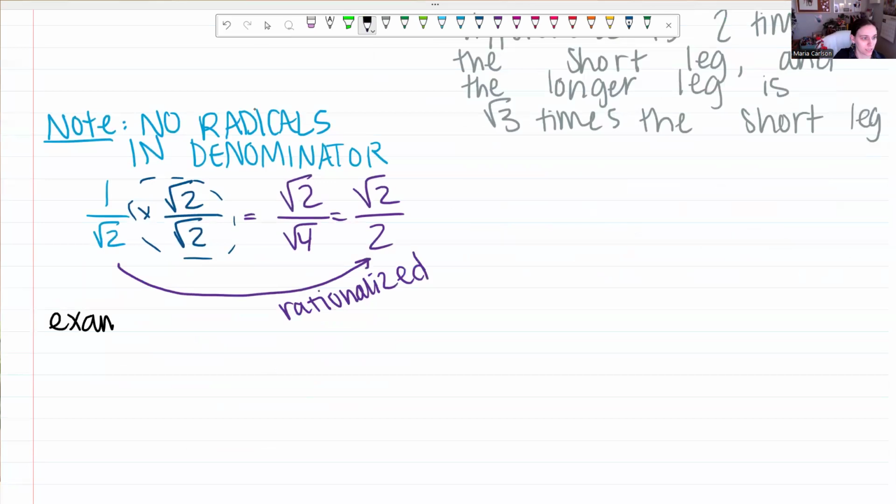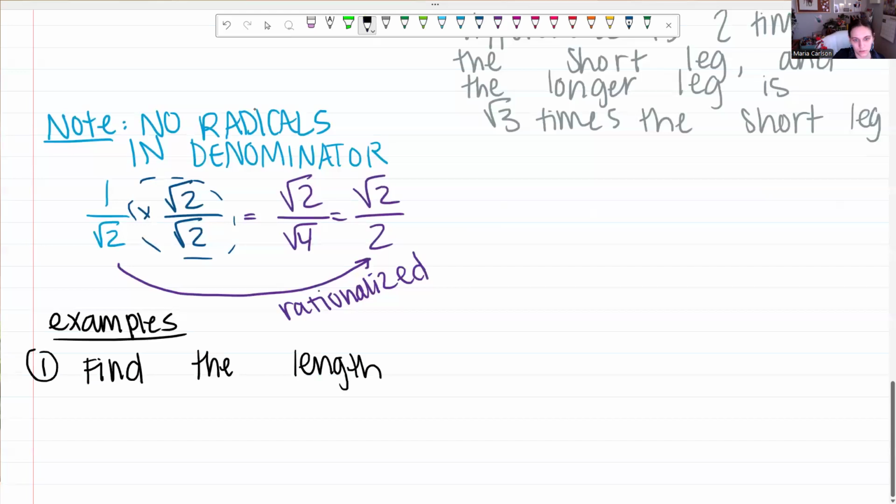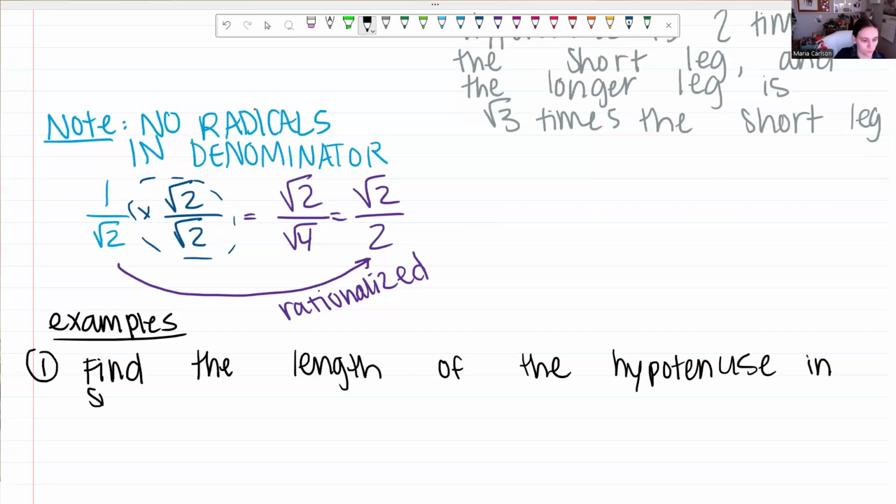So first example, number 1: find the length of the hypotenuse in simplest radical form. Then we are going to draw the picture.